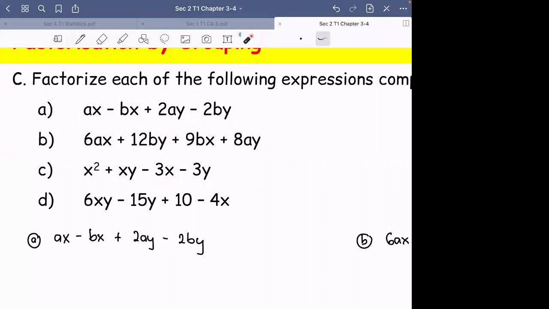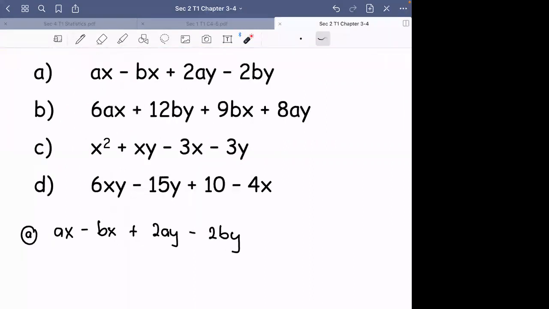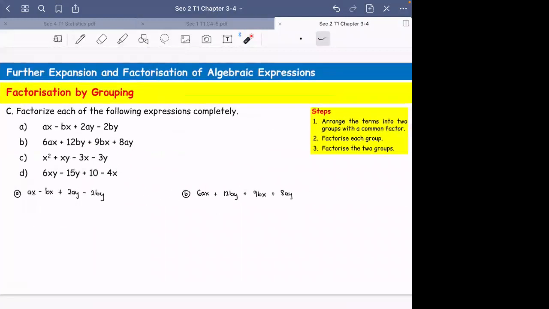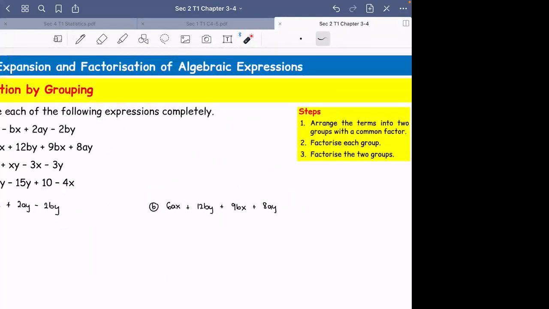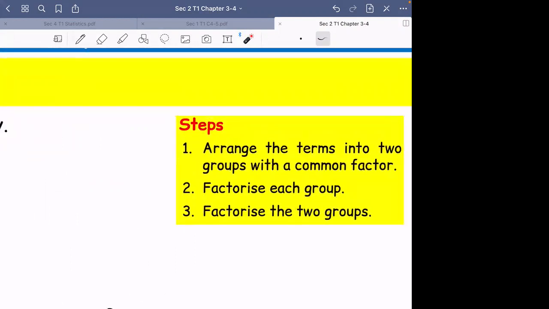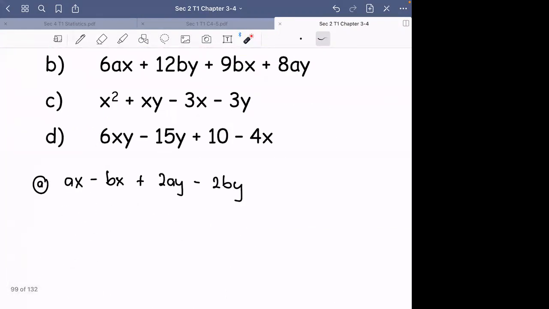Okay, so let's have letter A. For letter A, let's factorize by grouping. Class, listen. The first technique here is to arrange the terms into two groups with a common factor. What do I mean by that? The first step, class, takes a little bit of getting used to with this kind of question.